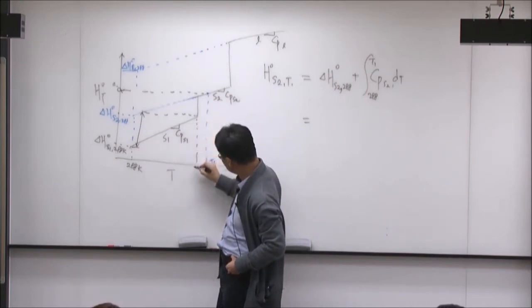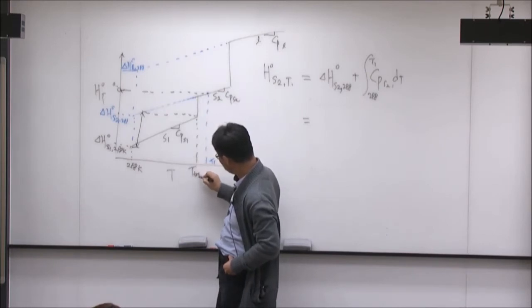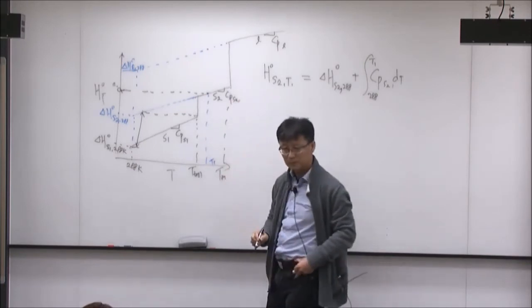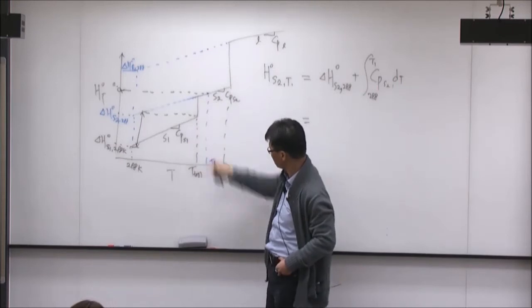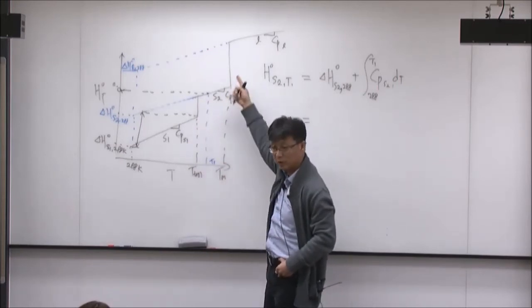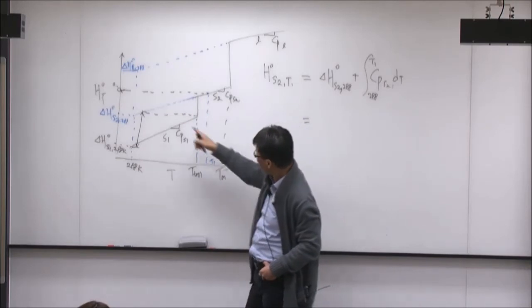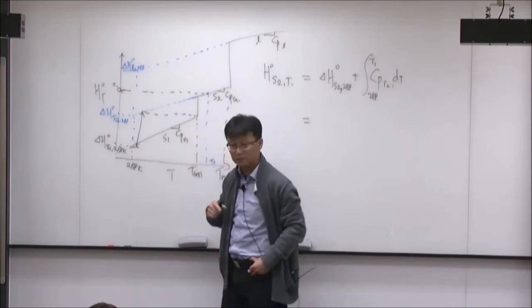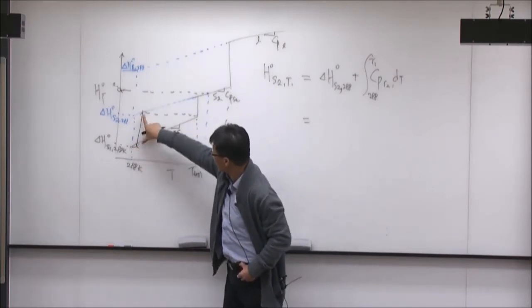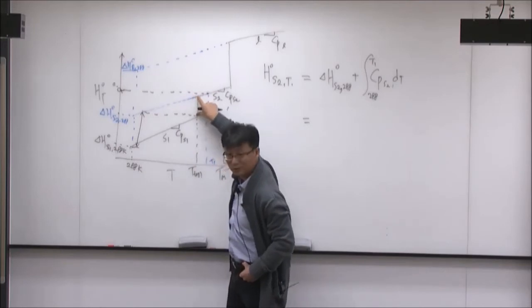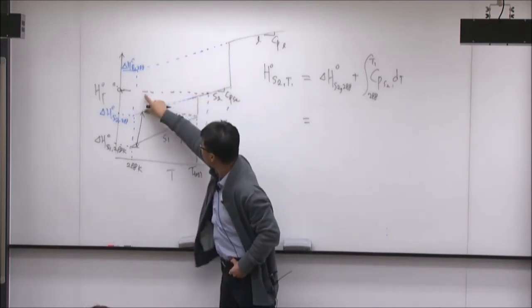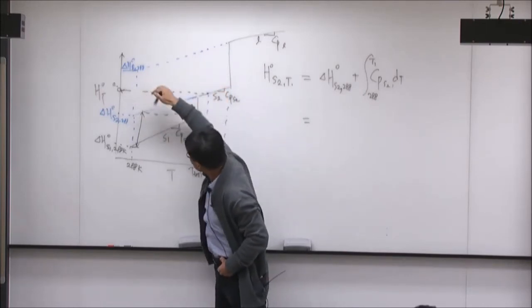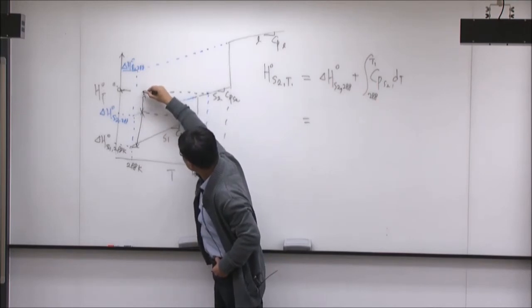Let's take this one as T transition 1, and this one as T melting. It's a solid transformation, S1 to S2, and then this is solid to liquid, melting. So the difference here is the integral of Cp from here to here. If I know this, I add it up, and then I add the additional delta H of transformation, and then from here to here I can do the integral of Cp of S2 between those two temperatures. So this one, and then this one, 3.